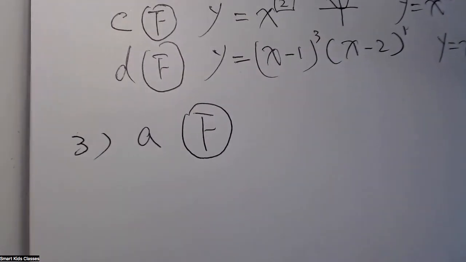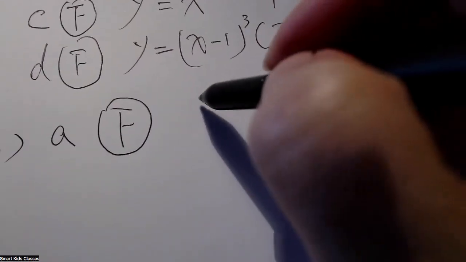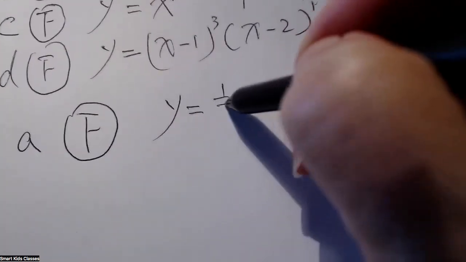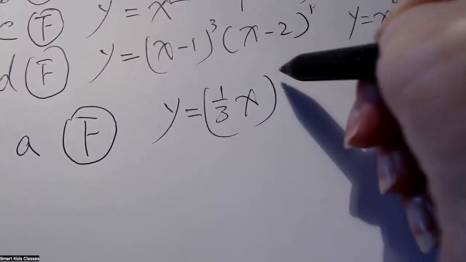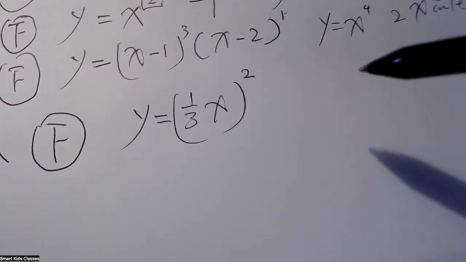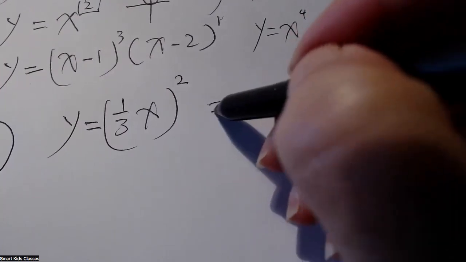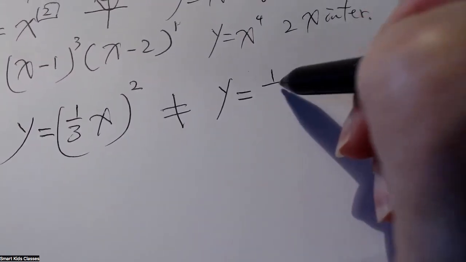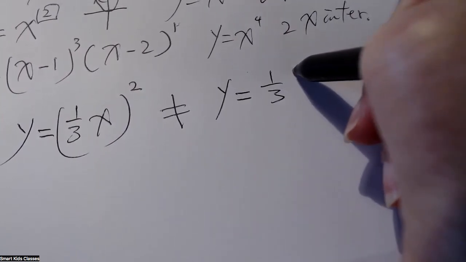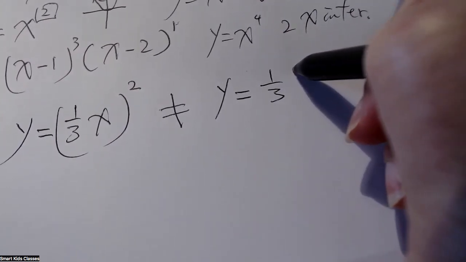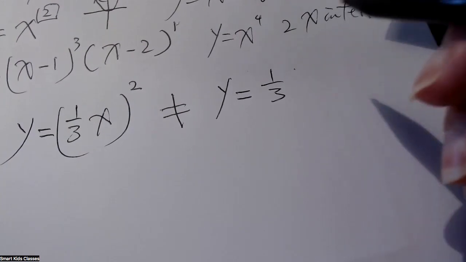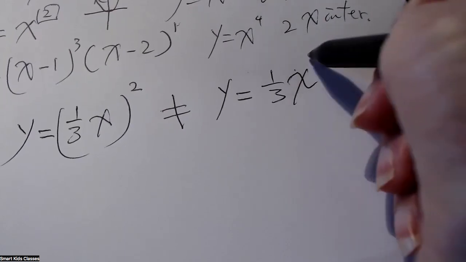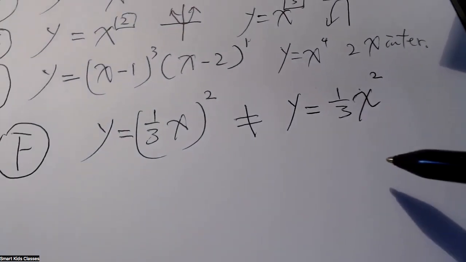And we are going to give an example to prove, like y equals 1/3 x exponent 2. So this is a k. It's not equal. So y equals 1/3 and x exponent 2, and (1/3x) exponent 2. So they are not equal.